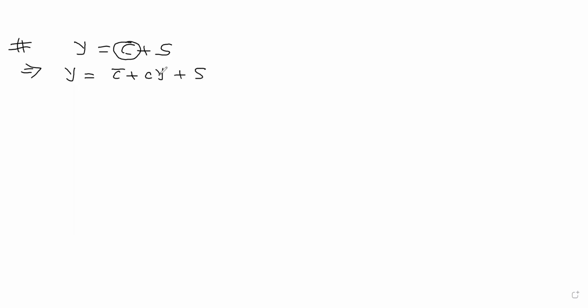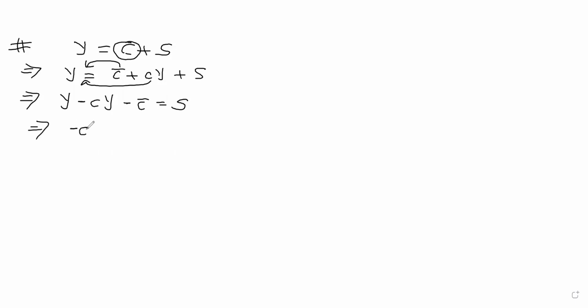That means y minus cy is equal to s plus c bar, or I can take c bar to the left hand side as well. So basically I've taken c bar to this side, I've taken cy to this side. So I get y minus c bar is equal to s.